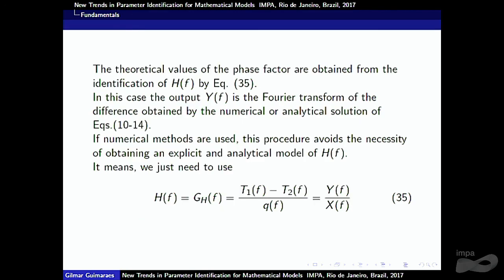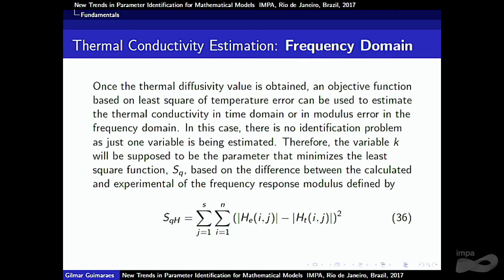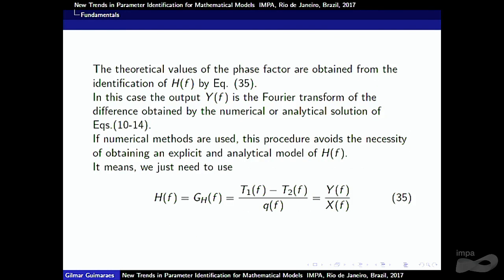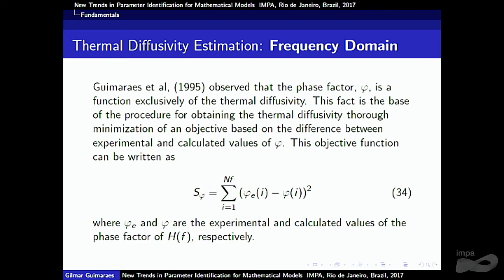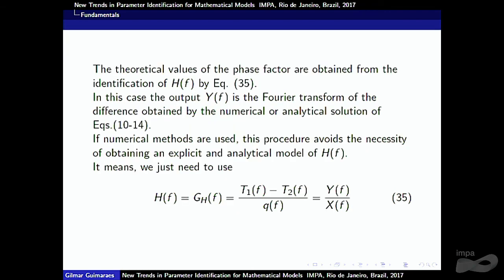So we can use the minimization of the phase factor in order to obtain the thermal diffusivity.